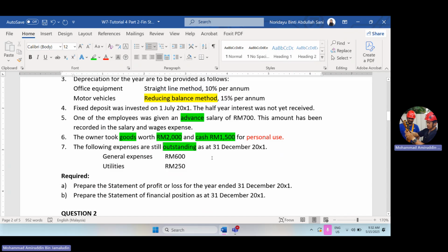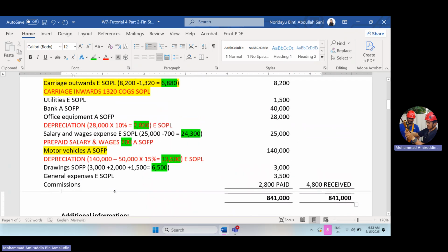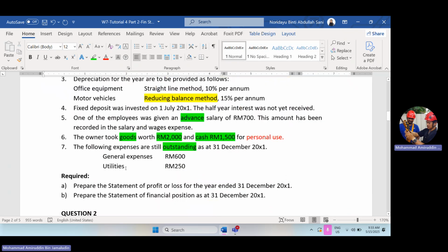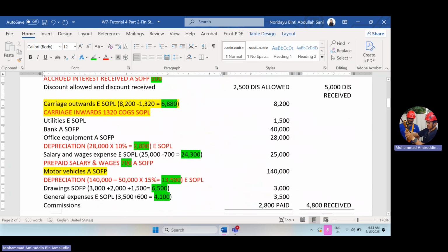Okay, I have these two outstanding, not yet paid, meaning I have to pay. I'm supposed to pay. General expenses, 600. So we have to adjust here, 3,500 plus, because we are supposed to pay, right? So 4,100. That's my general expenses. This 4,100 sent to SOPL. And then another one, we have the utilities, outstanding by 250.